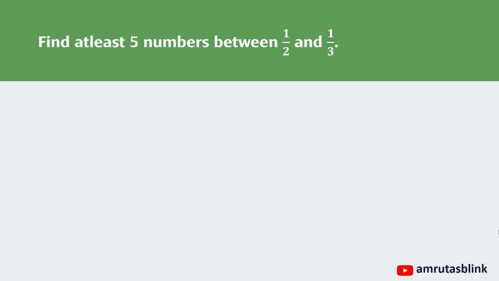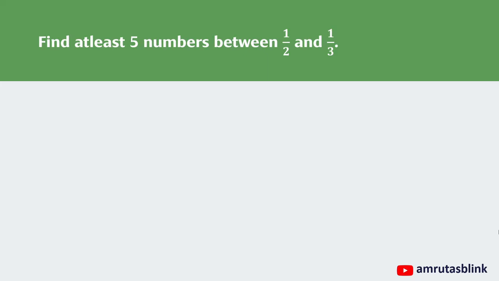Now we will find the equivalent fractions of 1 by 2 and 1 by 3 to make their denominators 18, and then just by considering the numerators we will be able to find rational numbers between 1 by 2 and 1 by 3.